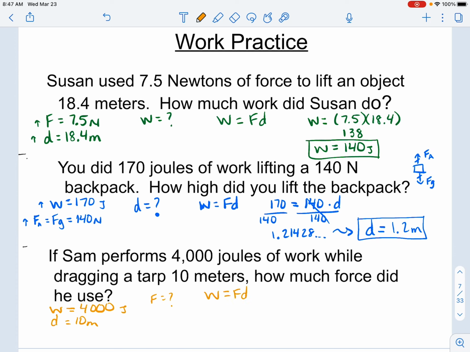So work is equal to force times displacement, this should be 4,000 is equal to force times 10. So we'll divide both sides by 10. And there is my force.